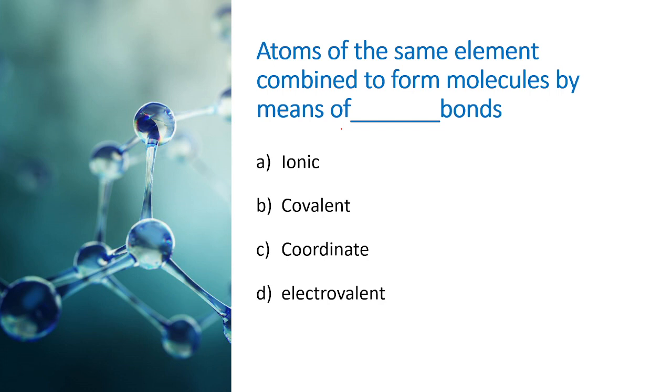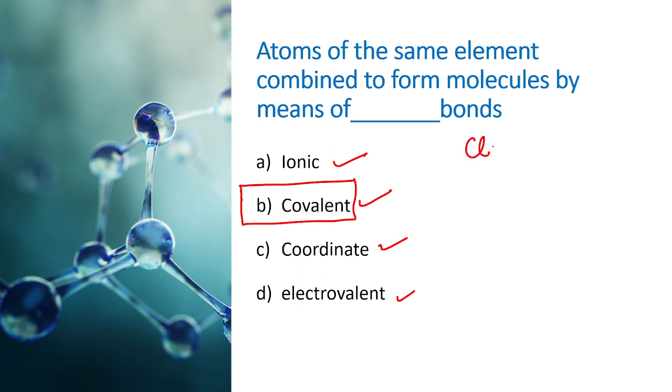Now, next, atoms of the same element combine to form molecules by means of dash bonds. Is it ionic, covalent, coordinate or electrovalent? So the correct answer is covalent.